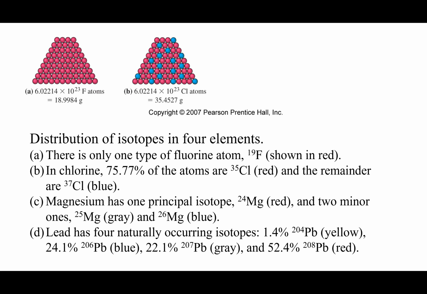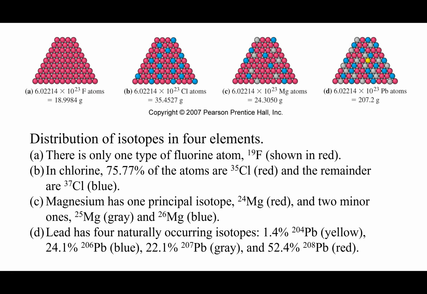This is just to visually see. If we have 1 mole, or 6.022 times 10 to the 23rd magnesium atoms, oh, we picked up a 3rd color. There must be 3 isotopic forms of that. You kind of see how that goes. 4 isotopic forms of lead. Ooh, what's that yellow one? The yellow one goes down here, 1.4%. So you can kind of see what that would visually look like.